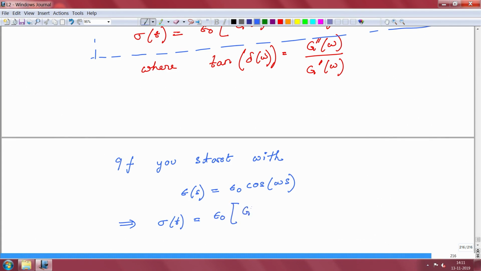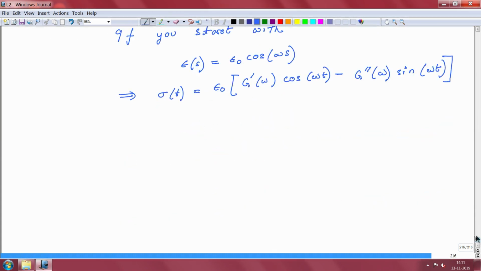You will again have a g dash omega times cos omega t plus g double dash of omega into a sine of omega t. Sorry, you will have a negative here. And this negative actually will result from the simple fact that when you take the derivative of cosine, you will also have a negative sign. So, that will sort of flow down.